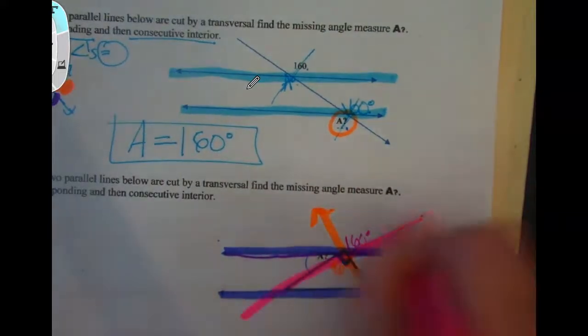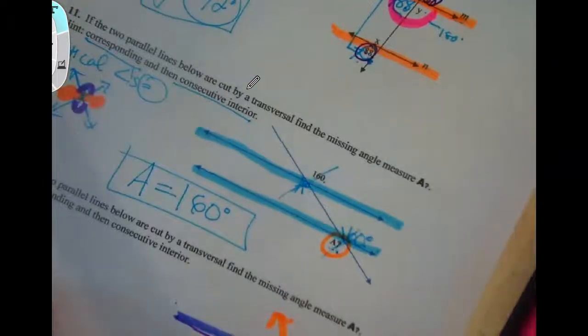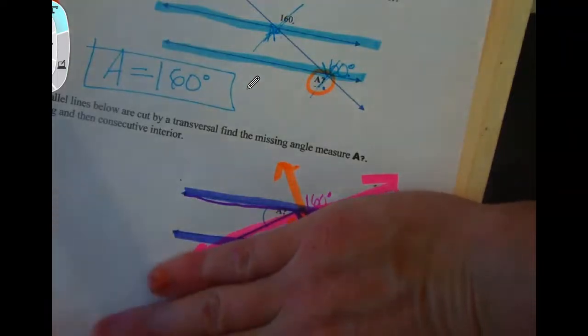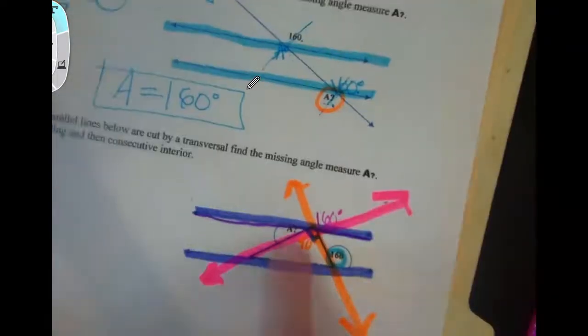So I could actually use the pink as a transversal, ignoring this part. Now if you notice right here, I have two parallel lines, and this pink is the transversal. So we need to try to figure out what that A is.